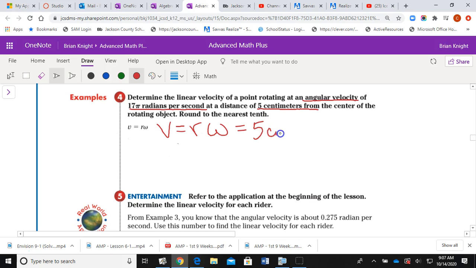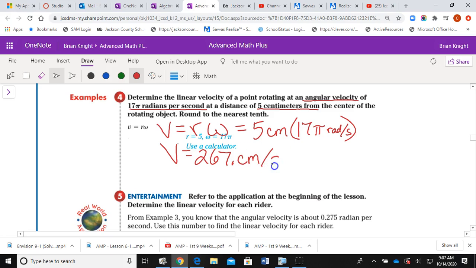So 5 centimeters times my angular velocity of 17 pi radians per second. If you multiply those, what do you get? 267 point, it says it's 0.03, so about 267.